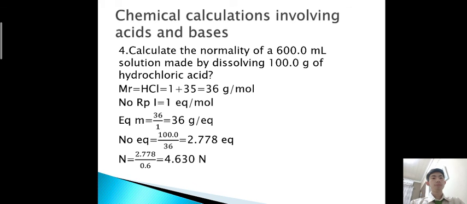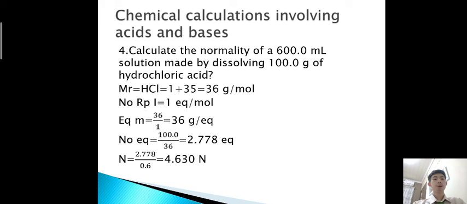Then we find the number of replaceable ions. It's equal to 1 equivalent per mole because hydrogen has 1 atom and chlorine has 1 atom. So 1 times 1. Then equivalent mass is equal to molar mass divided by number of replaceable ions, 36 divided by 1, is equal to 36 gram per equivalent.